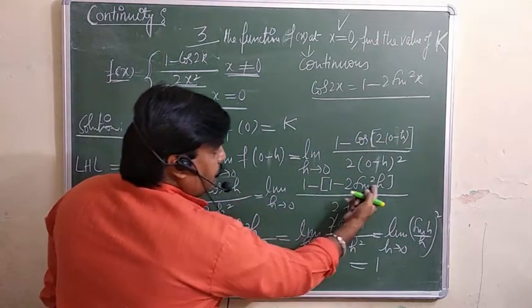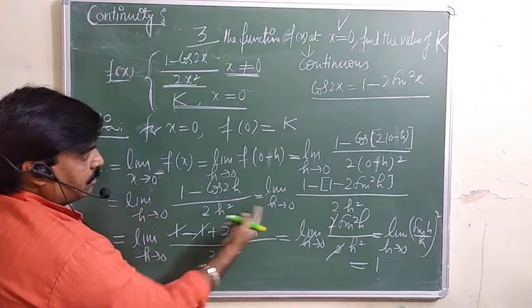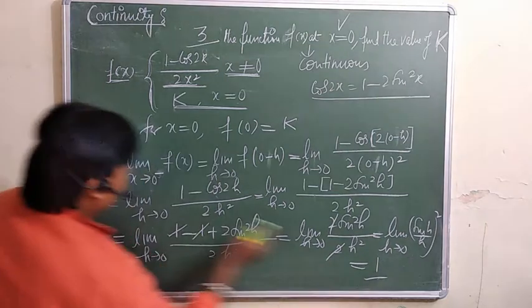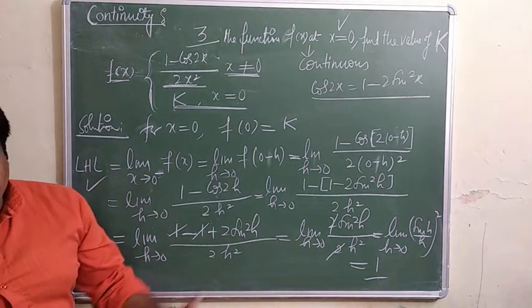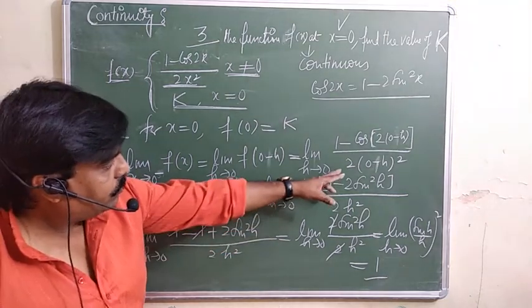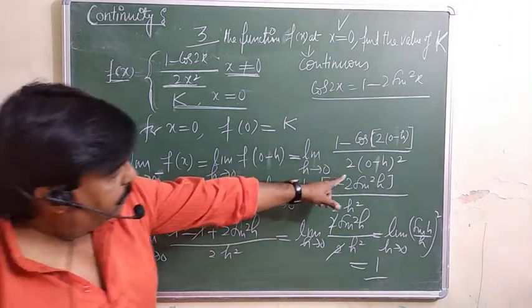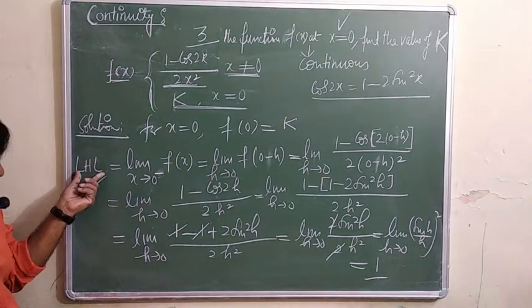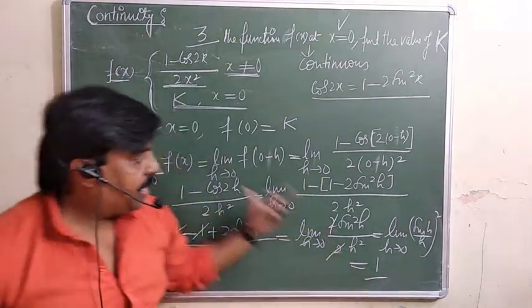Everything will remain the same, then you will solve and you will get again the left hand limit is also equal to 1.